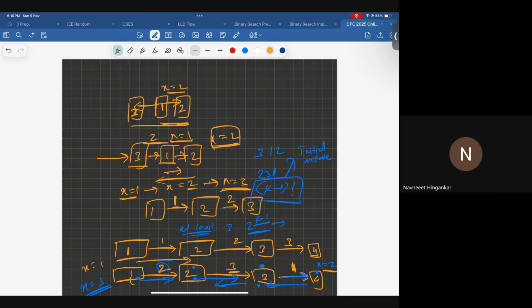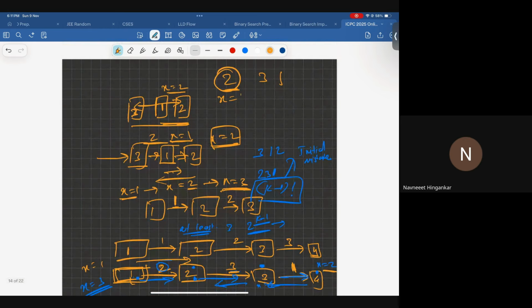So let's say I start from x equal to 2. I checked x equal to 3. Initially, if I changed x equal to 1, I got x equal to 2. Then I'm not forced to increment at all. The moment I did x equal to 1, sorry, then it is correct, right? That's not a corner case. Got it now. So 231 was there, right? The moment I started with x equal to 1, I passed through this door.